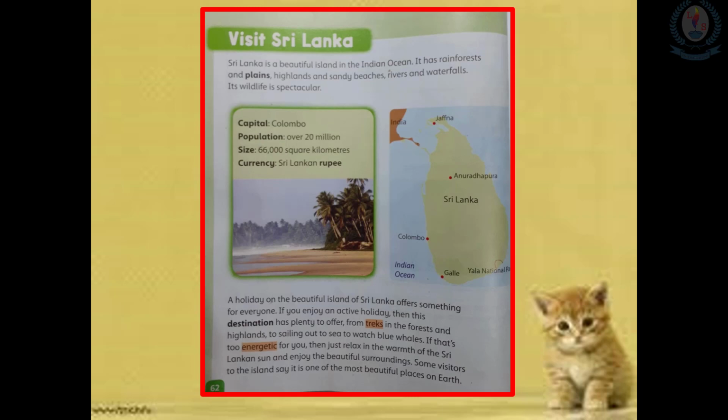Normally, I said this is a travel brochure. So they are for tourists. They should have an idea regarding the country. So in order to attract tourists to the country and to give an idea regarding the country, normally travel brochures contain maps and pictures of the beautiful places. So I'm moving to the next paragraph.